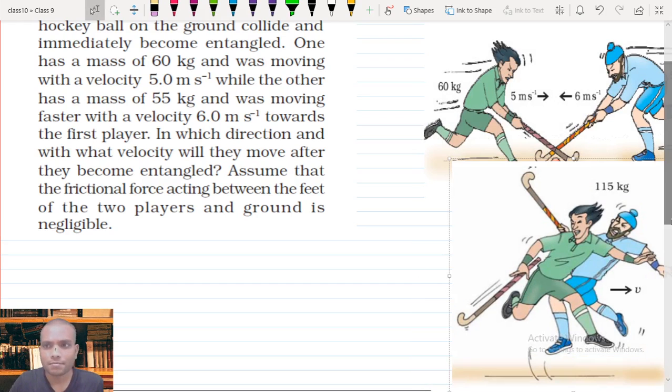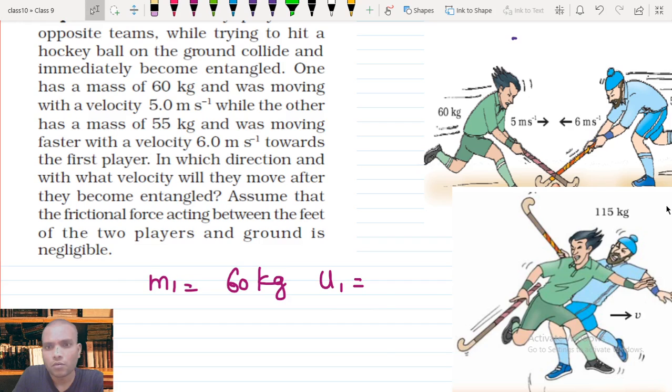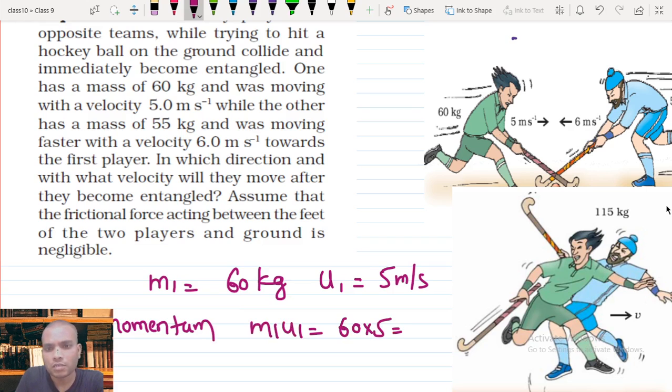Let me take the masses. Suppose the mass of the first player m1 equals 60 kg and his velocity I will take as u1 equals 5 meters per second. Therefore momentum m1 u1 is equal to 60 times 5, which gives 300 kg meter per second.